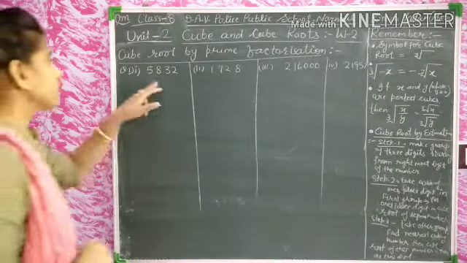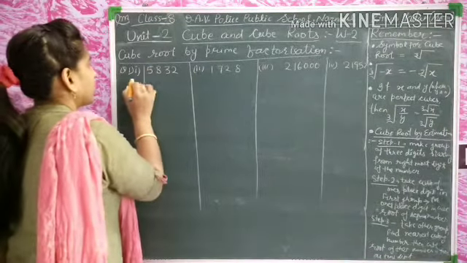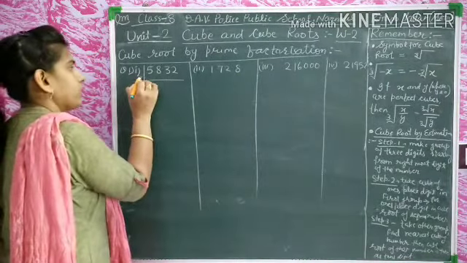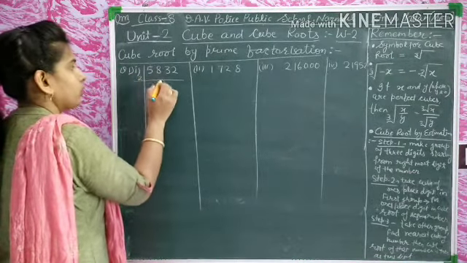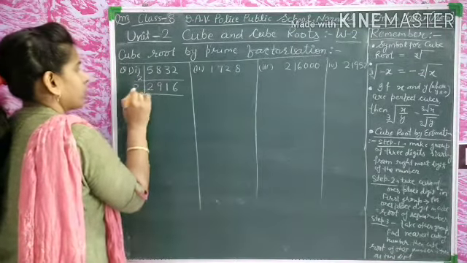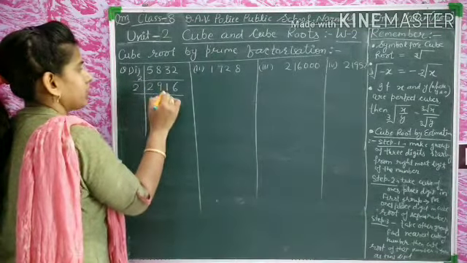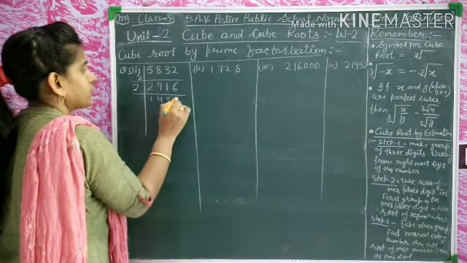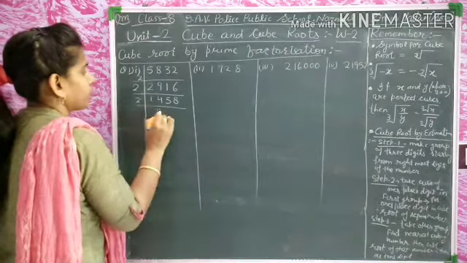So students, let's see here, there is a number whose prime factorization we have to find. Dividing by 2: 2 times 9 is 18, 2 times 6 is 12, 2 times 1 is 2, 2 times 4 is 8, 2 times 5 is 10, 2 times 8 is 16, 2 times 7 is 14, 2 times 2 is 4.